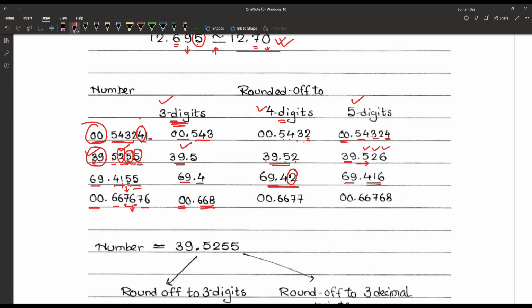Same for 4 digits, that is 0.6676. Here also the 5th digit is greater than 5. So we add 1 here and get 0.6677. And finally, for the fifth digit, we look up to the fifth digit, that is 7. Now the sixth digit is 6, greater than 5. So we add 1 to 7 and get the approximate number 0.66768.